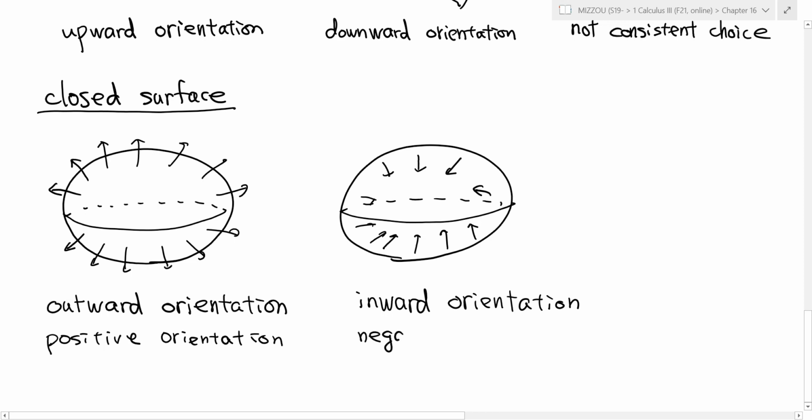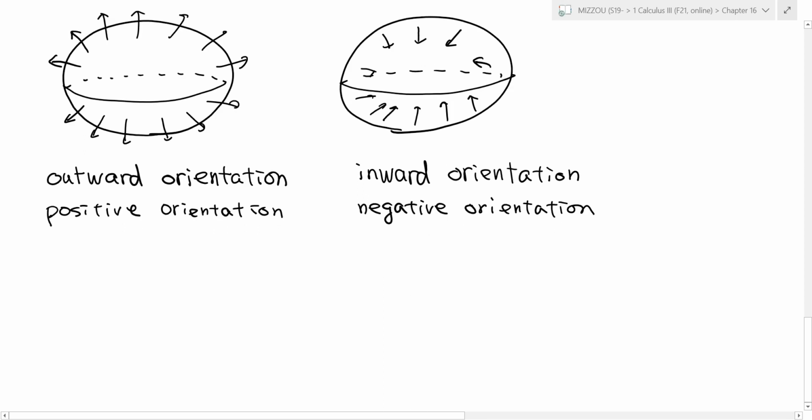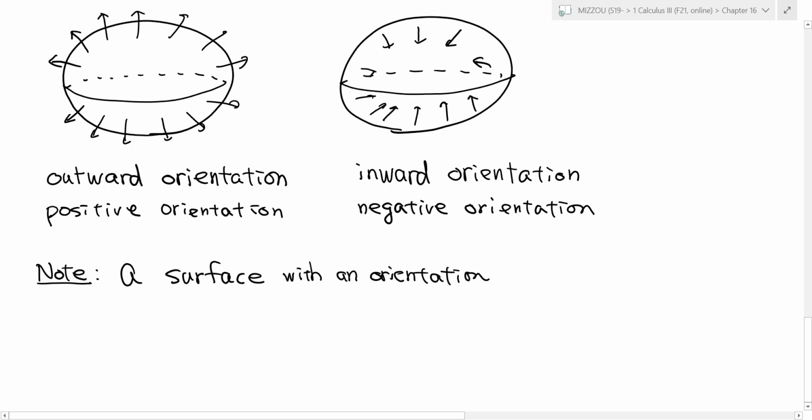We call this negative orientation. Okay, all right, and then let me mention a couple of remarks. A surface with an orientation is called an oriented surface.